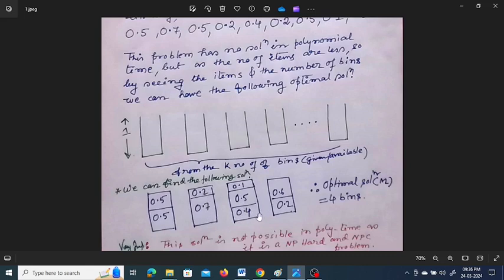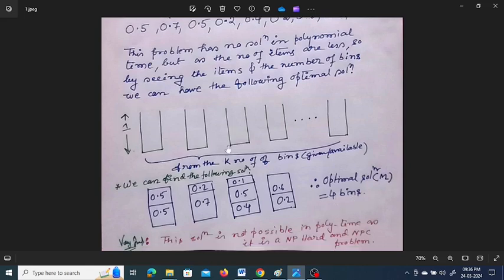In the third bin, 0.5, 0.4 and 0.1 total 1 unit, which is fully consumed. Each bin's maximum is 1 unit, so more than 1 unit cannot be pushed inside a bin. The fourth bin can have 0.2 and 0.6. So all 9 items can be accommodated, and the optimal number of bins required is 4.